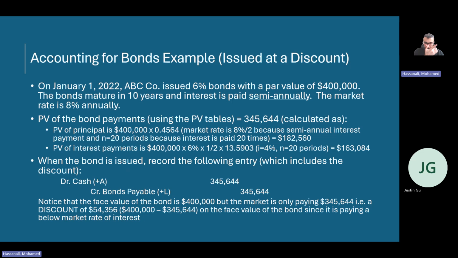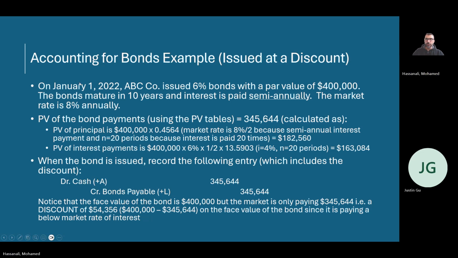And the reason it's going to be issued at a discount is because since you're paying a lower interest rate, the value of your bond to an investor is lower than what's on the face. Okay, so they're going to give you less money than the face value of the bond, because when they calculate the present value of your bond, it is lower than what the face value is going to be. And I'll show you how that works.